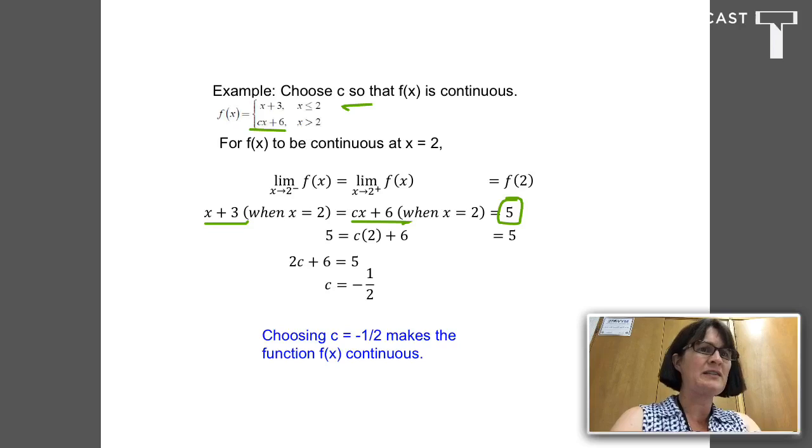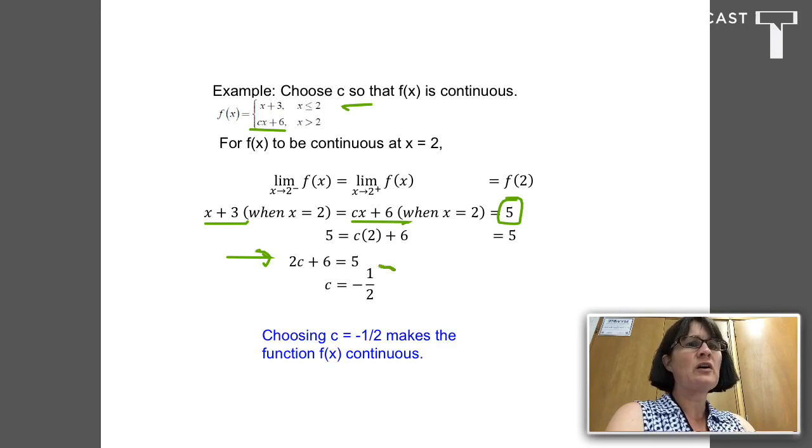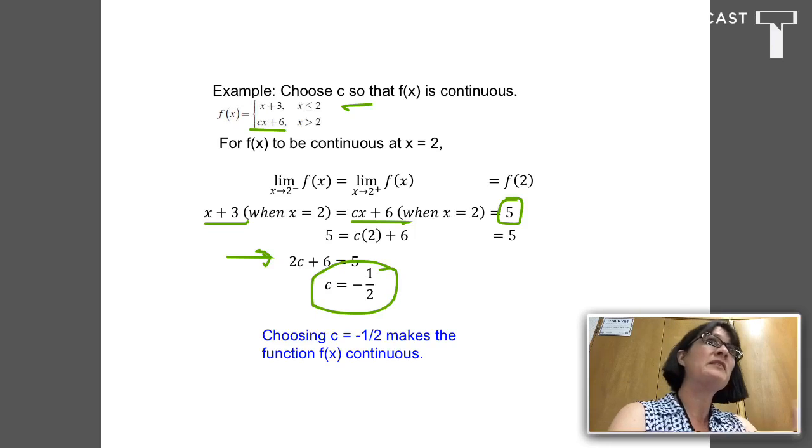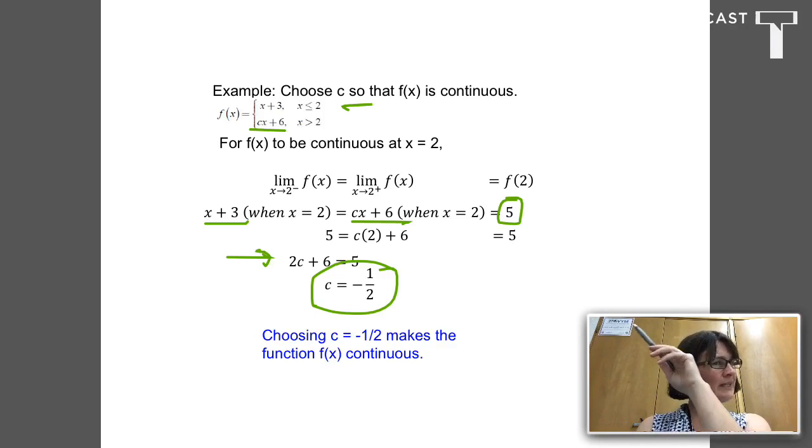So really all this means is that 5 has to equal cx plus 6 when I plug in 2 for x. So I can write this equation 2c plus 6 equals 5. I can solve for c and find out that the missing value c in this case is negative 1/2. And you can see that green line that I drew in, what was its slope? Negative 1/2.